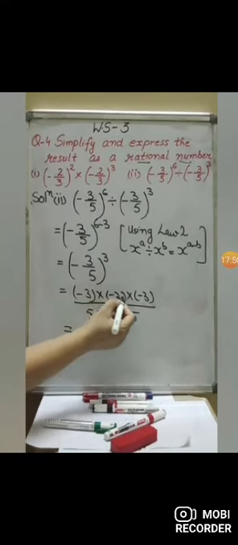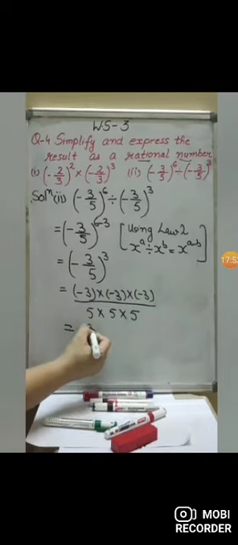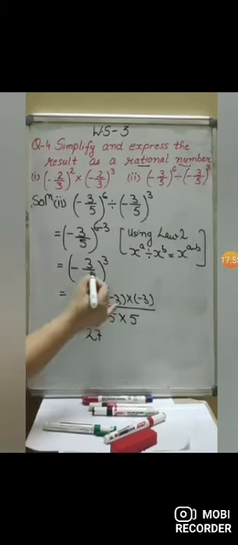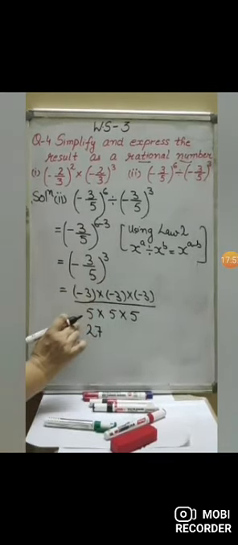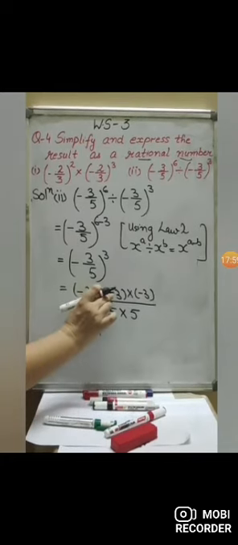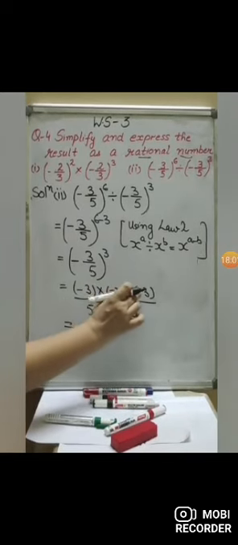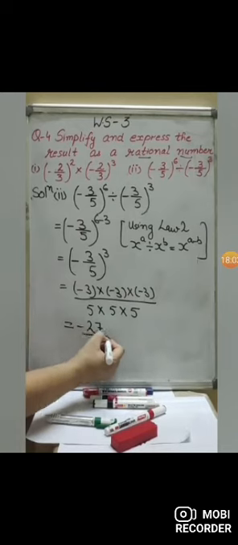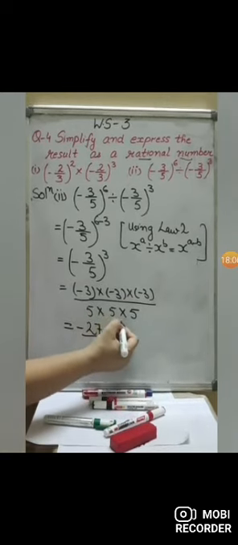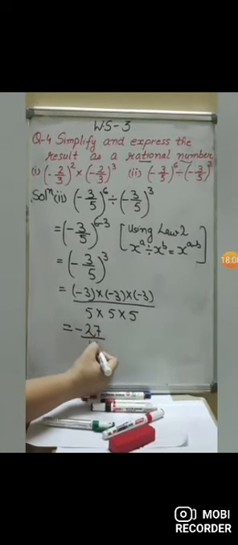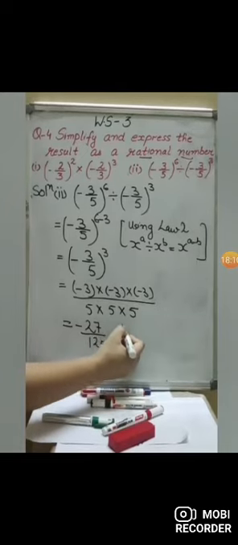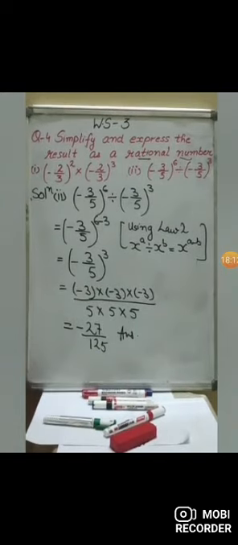So 3 3s are 9, 9 3s are 27. So when the power of the minus sign is odd, how will the minus sign come? Minus into minus is plus, plus into minus is minus. Below, 5 5s are 25, 25 5s are 125. That is the required answer.